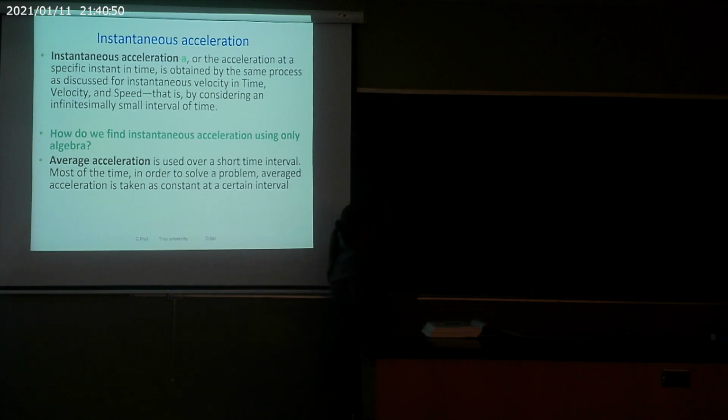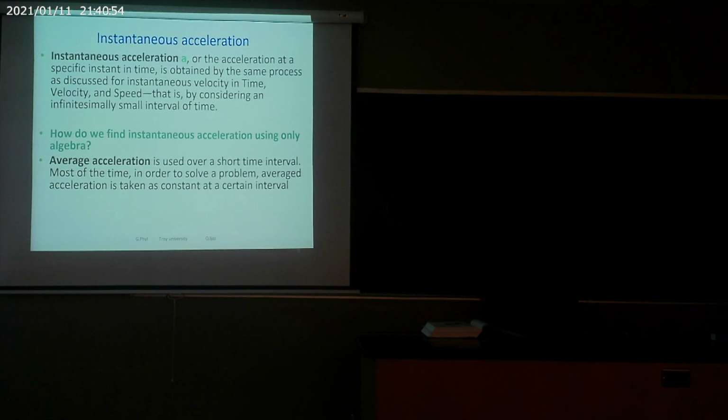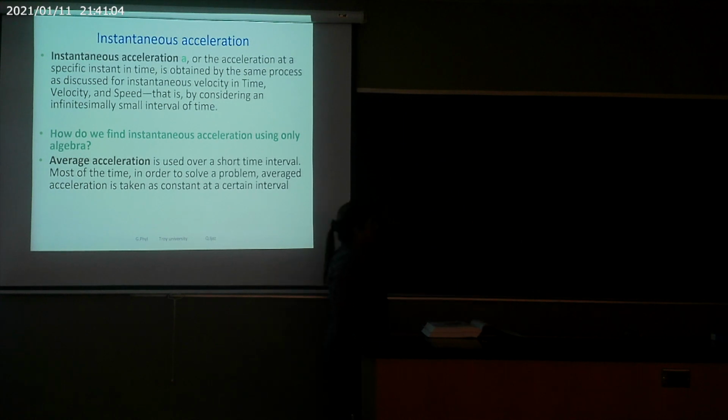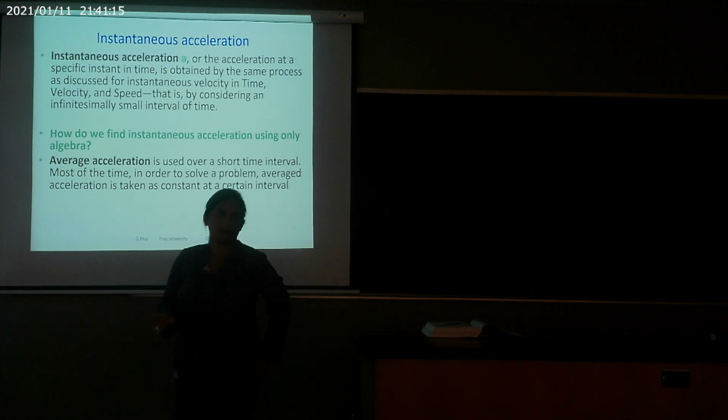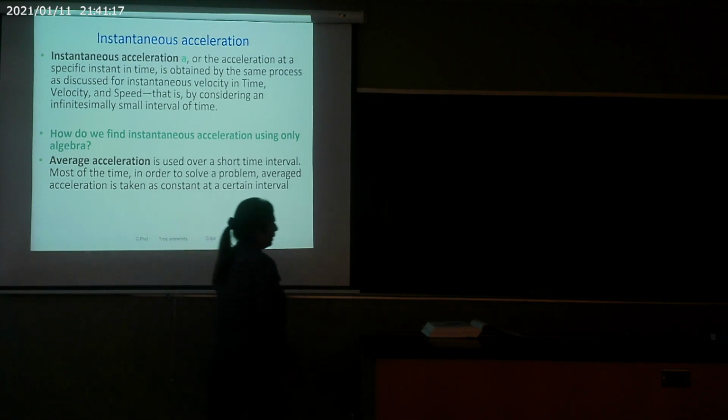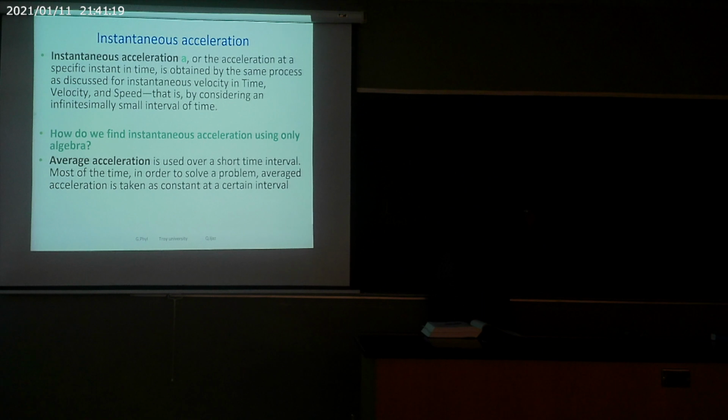So if the acceleration is plotted with respect to time, with a on the vertical axis and t on the horizontal axis, as the time has passed, acceleration has changed, that means it's constantly varying. It's a variable acceleration. In order to get the instantaneous value, you will have to find all these values.